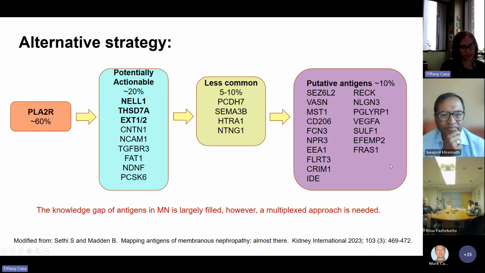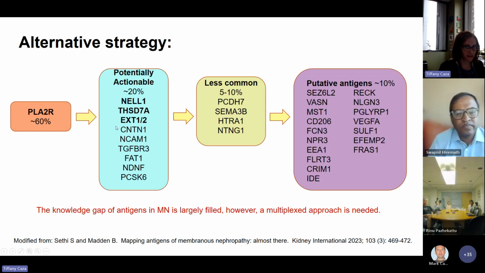So here's a strategy that has been proposed at the Mayo Clinic, and that's if you have PLA2R negativity, look for potentially actionable antigens. Then there's the less common antigens and the putative antigens. I would suggest not looking for all these putative antigens in a regular membranous case, and in your standard workup of PLA2R negative cases, I think it's a good idea to reflex to NELL1, THSD7A, and EXT1 and 2.